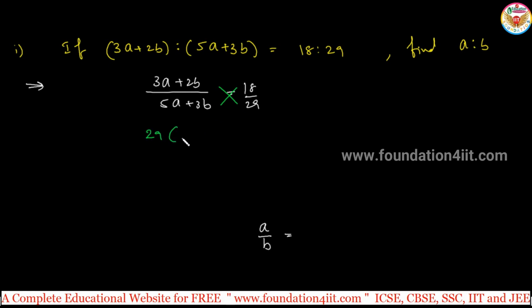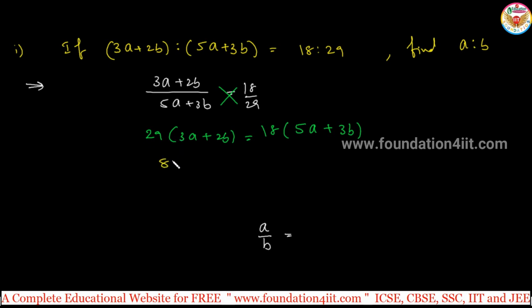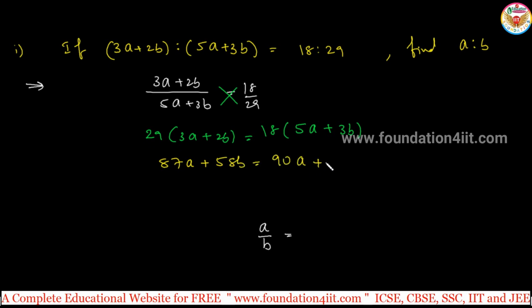So 29 into (3a plus 2b) is equal to 18 into (5a plus 3b). We can simplify this now. 29 into 3 is 87, so 87a plus 58b is equal to 18 into 5, so 90a plus 54b.